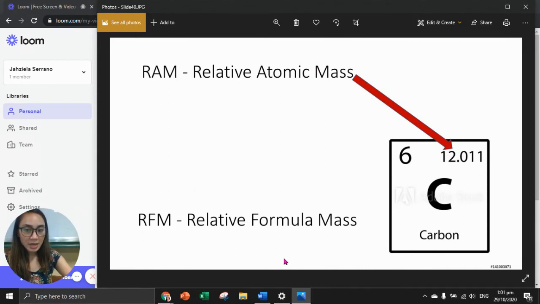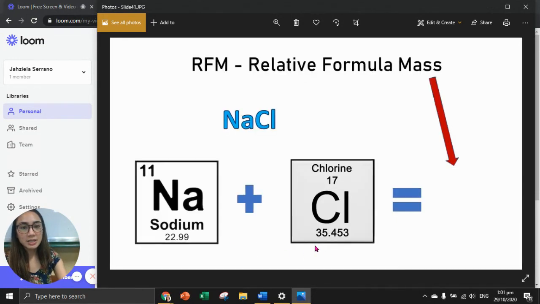And then, meron din tayong term na tinatawag na relative formula mass. So, yung relative formula mass naman siya, for example, I ask you to find the relative formula mass of NaCl. So, we have Na, sodium, and then Cl is chlorine. So, now you have to add yung RAM nito and yung RAM nito, yung atomic mass ni Na and atomic mass ni chlorine.